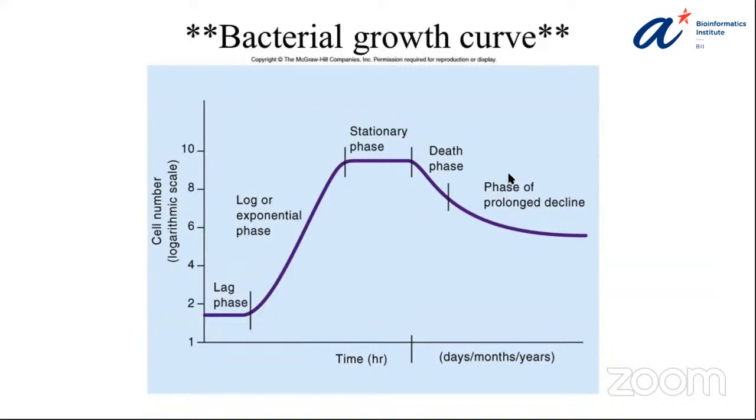So now, what is important to remember here is that this graph is only suitable for the bacteria that the researcher was looking at. Now, there are different kinds of bacteria, and different kinds of bacteria have different growth characteristics, right? So not all bacteria grow at the same rate.